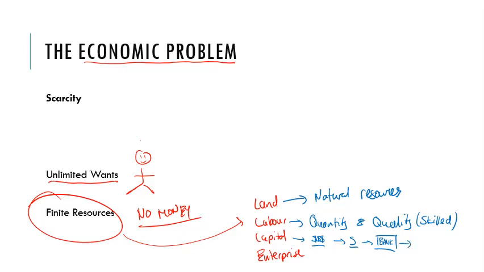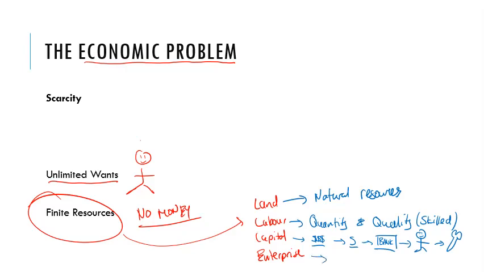Now banks provide money to investors. Okay, so as an investor, I might buy some more machines. I might borrow money for my business and I will invest that in machinery or tools, okay? So that's what we mean by capital. It is the money at the end of the day, but we're using that for future investment essentially.